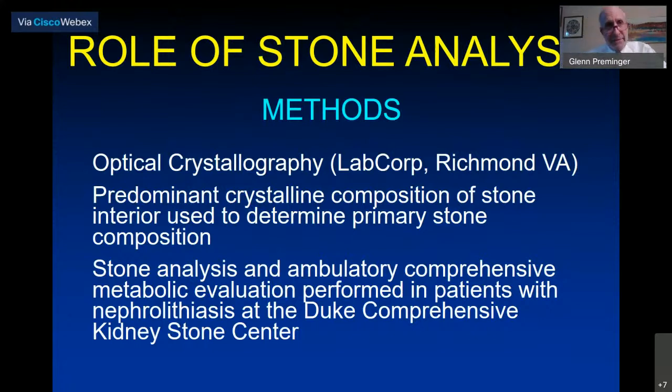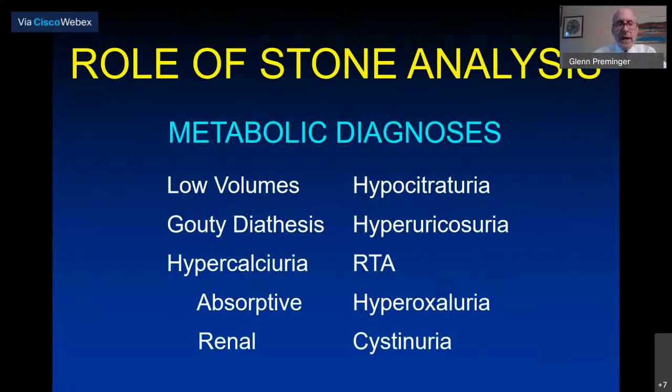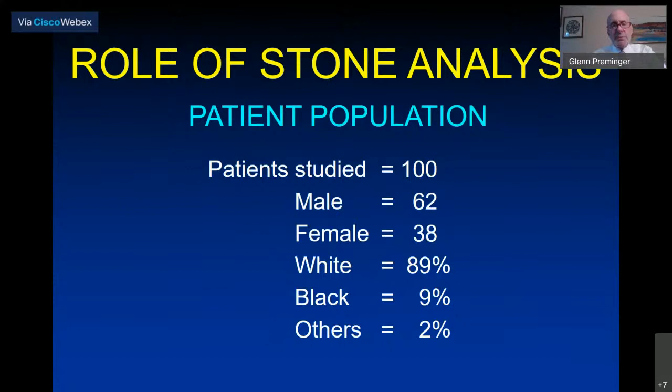We investigated 100 consecutive patients where we had both a stone analysis and an ambulatory comprehensive metabolic evaluation at our Comprehensive Kidney Stone Center. We used standard metabolic diagnoses listed here that included both calcium-containing and non-calcium stones. And basically, these patients broke down to 62 males.